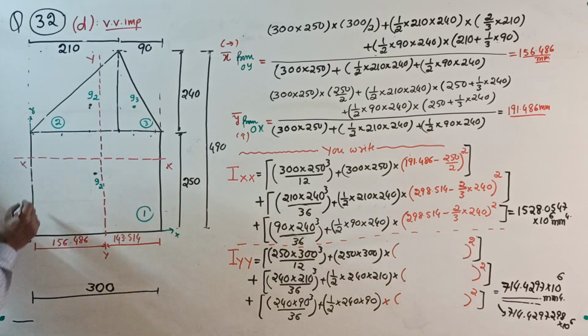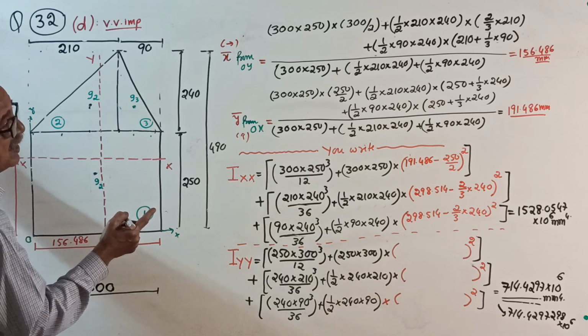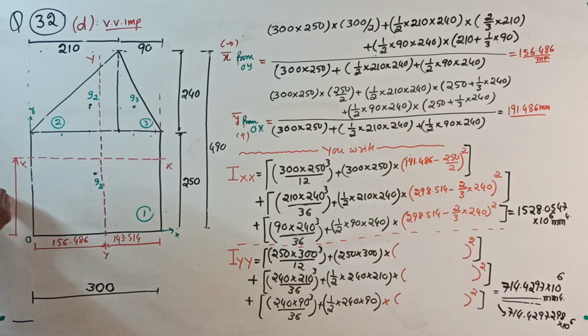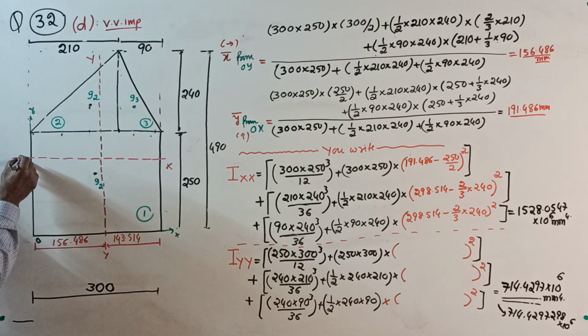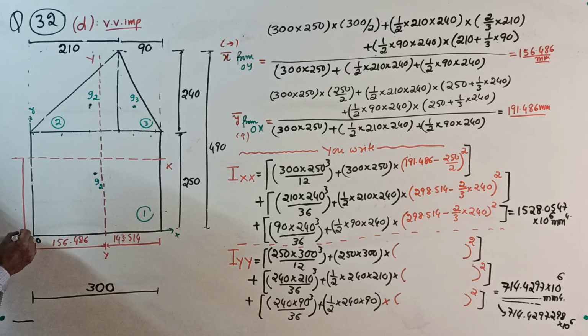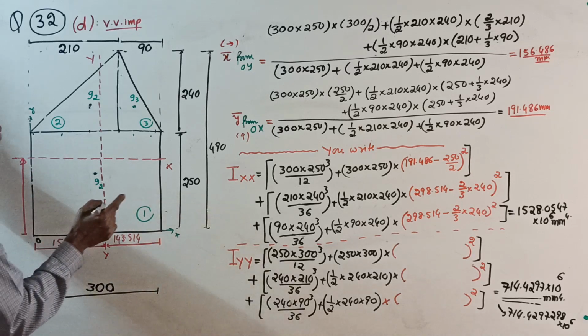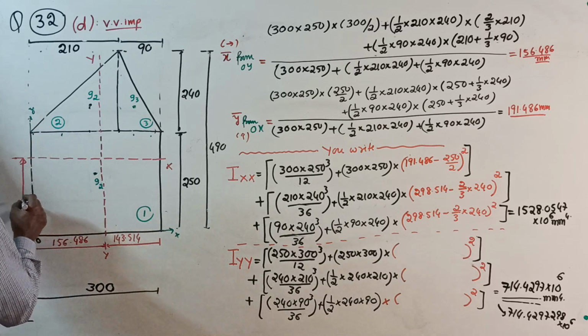X-axis. From here to here, I have to check the camera now. I hope that it is not beyond camera. How much? 191.486. I think it's okay. Getting doubt. See. Oh, I'll shift the O here. Go that side. O, please go that side. Okay. .486.